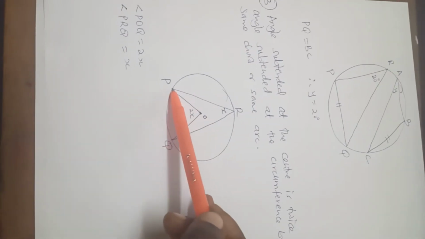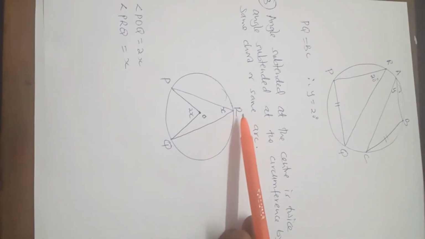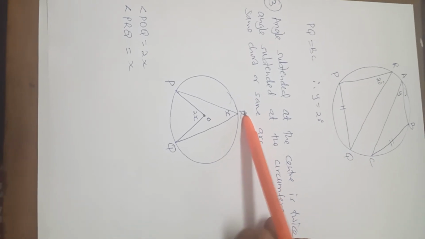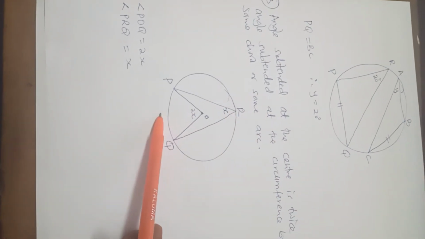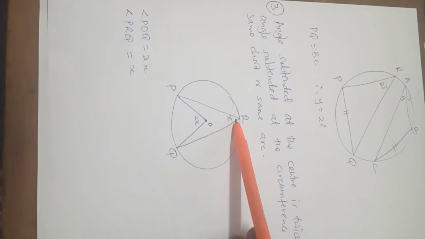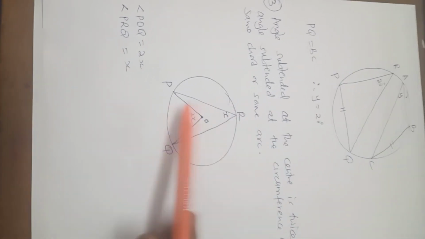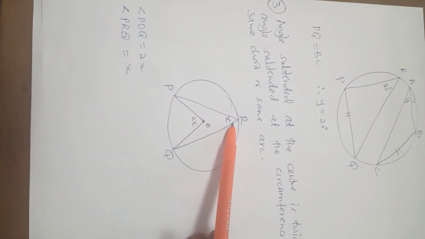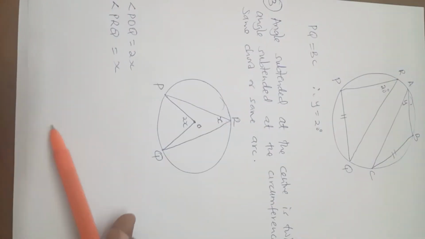The same arc PQ subtends angle X at point R in the circumference. Now, the two angles relate in that the angle at the center is twice the one at the circumference. Therefore, the angle at the center is 2x if the angle at the circumference is x.